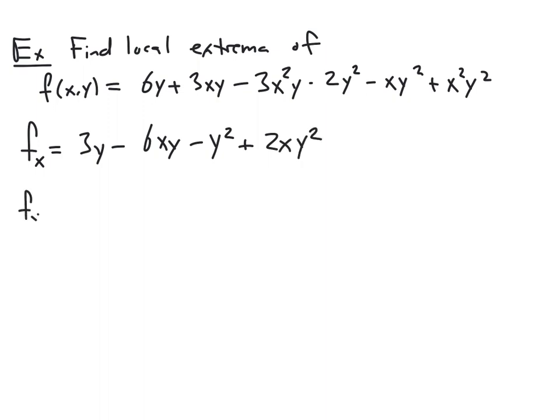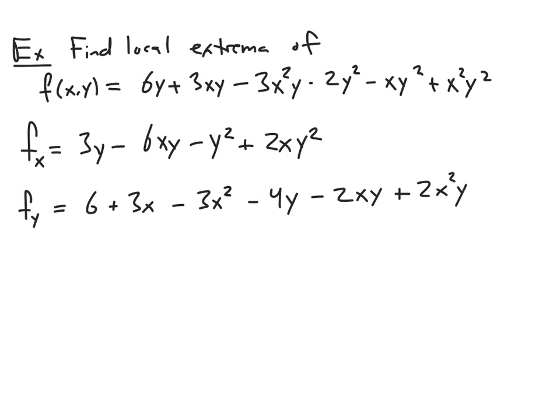And for our partial y, f sub y, we're going to have 6 plus 3x minus 3x squared minus 4y minus 2xy plus 2x squared y.